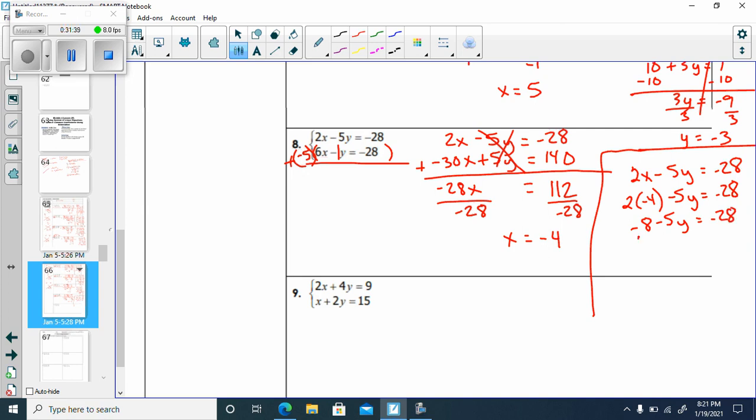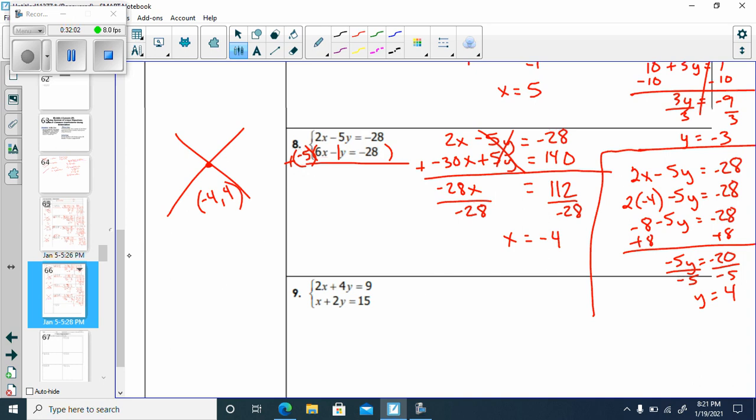Okay? Let's add 8 to both sides. -5y equals -20. Divide both sides by -5, and y is equal to 4. Your coordinates where you intersect is -4, 4.